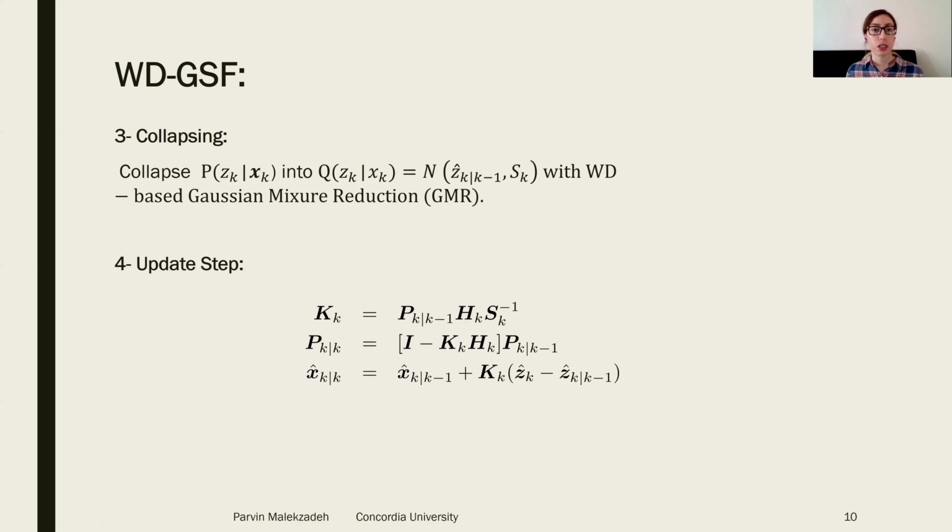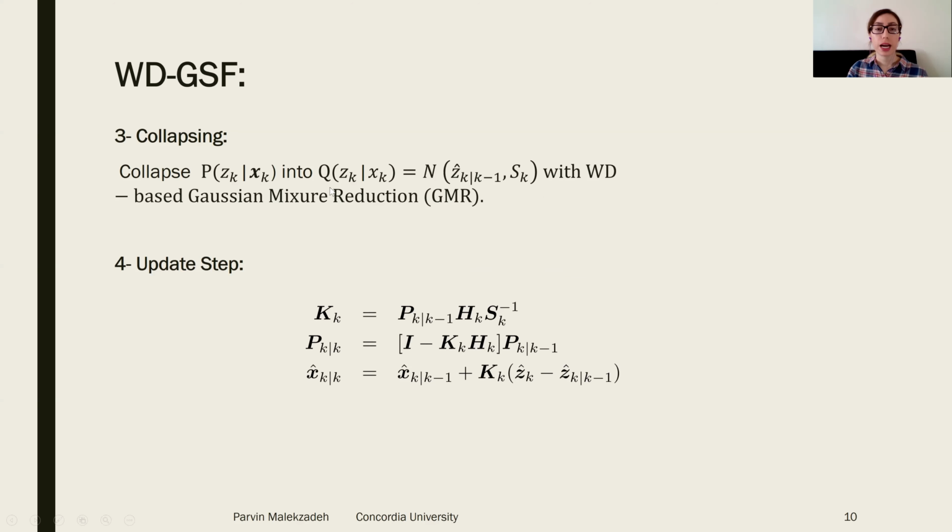We know that for Gaussian mixture reduction, we can use the Bhattacharyya distance or Kullback divergence distance, but Bhattacharyya distance and Kullback divergence distance don't consider the geometric shape of the distribution. They just try to optimize the gain of information for the GMR. But the Wasserstein distance considers this geometric shape and tries to reduce the cost of transferring one distribution to another distribution with fewer components. So that's the reason that we use Wasserstein distance for GMR.